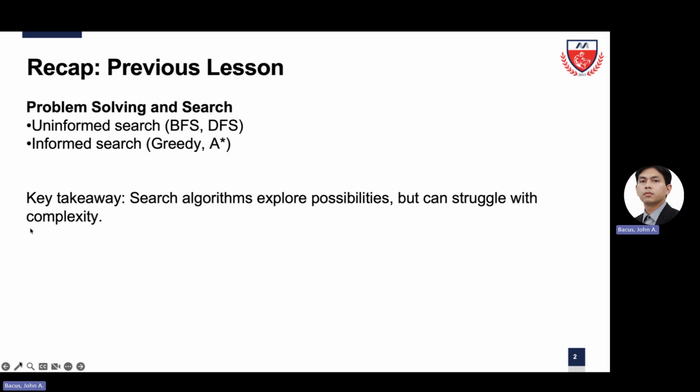The key takeaway of our previous lesson was that search algorithms explore possibilities. However, they also struggle with complexity. So when we have a specific problem that we want to solve using AI, we have to be able to know what algorithms should be used.